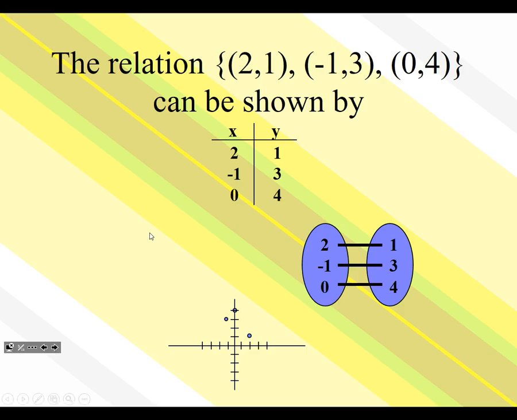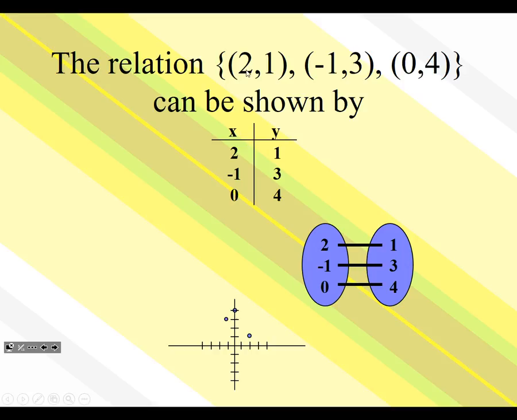Okay, a relation can be shown as a table. Now there's 4 ways you can show a relation. You can show it as an ordered pair, you can show it as a table, you can show it as a mapping, or you can show it as a graph. Now a table is just listing your x and y values.